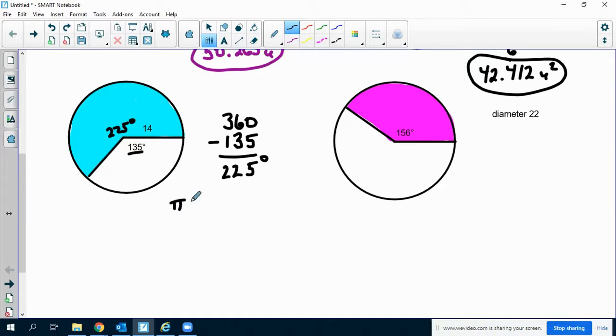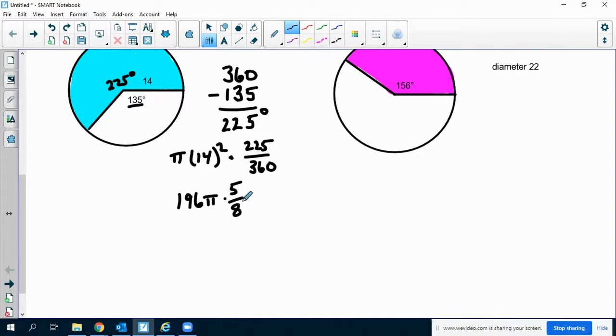So I'm going to have pi times 14 squared times 225 over 360. So if I'm doing that, 14 squared is 196. So I have 196 pi. And then 225 is really 5/8 of the circle. That's not something that you're expected to necessarily know off the top of your head, but I have 196 times 5 over 8.